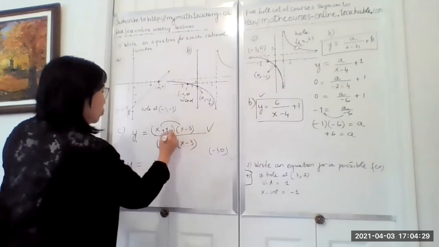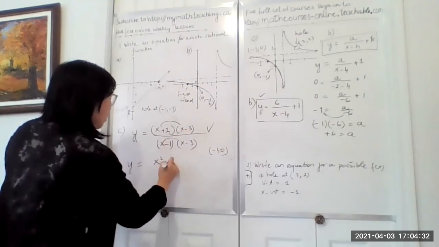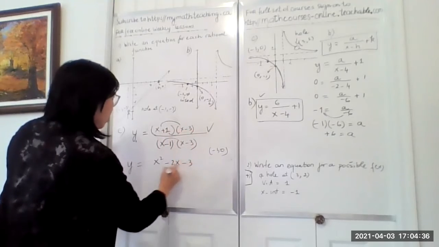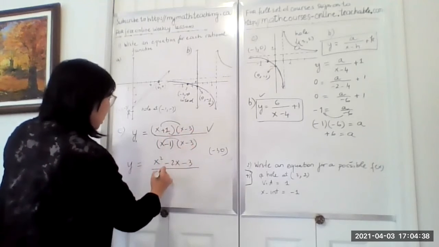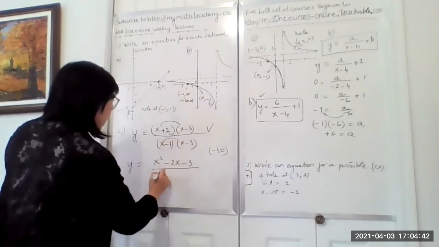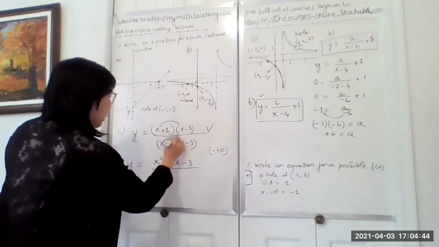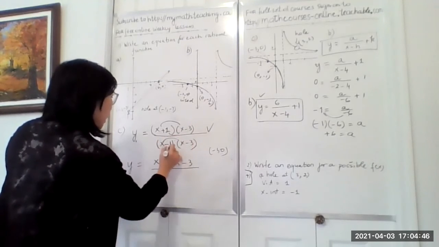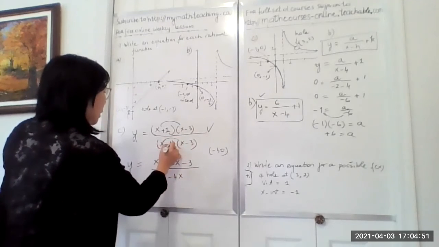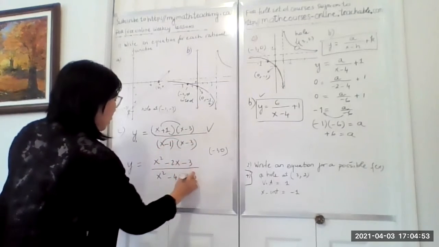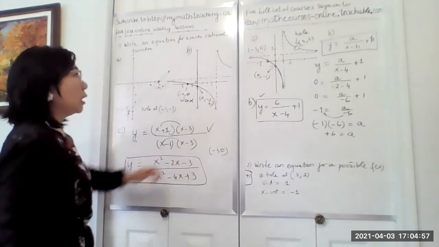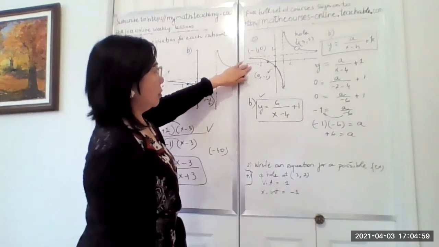X times minus 3 plus 1x is minus 2x. 1 times minus 3 is minus 3. That's on the top. On the bottom, we will have x times x is x squared. X times minus 3 is minus 3x. Minus 1x is minus 4x. And the last one will be plus 3. So this is the equation for our graph right here.